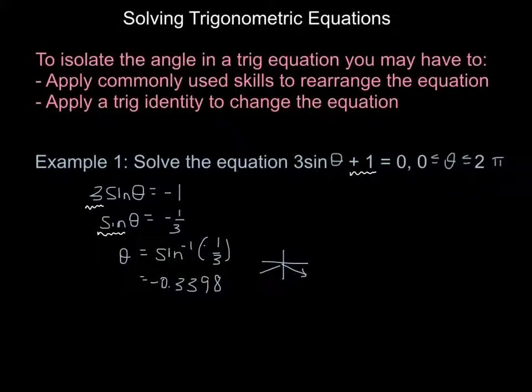So 2 pi minus 0.3398 will be one answer. And pi plus 0.3398 will be the other one.